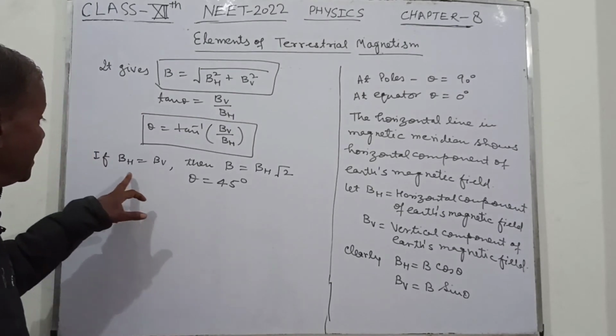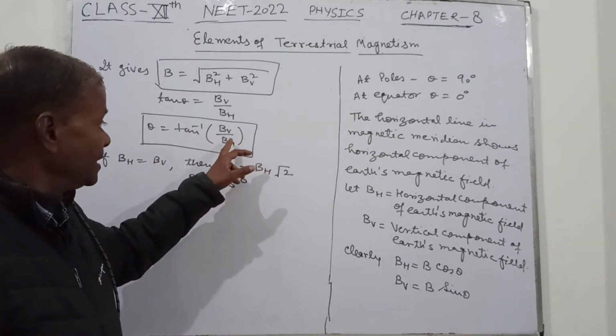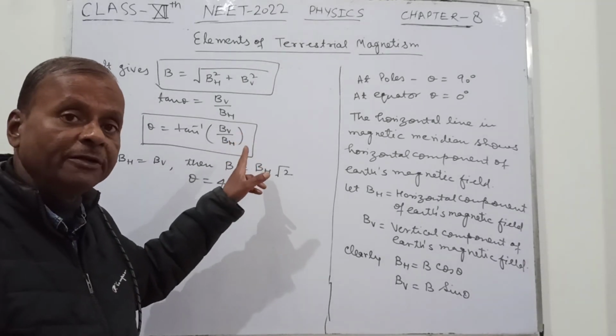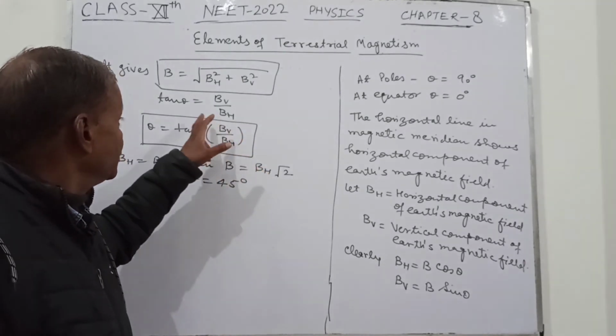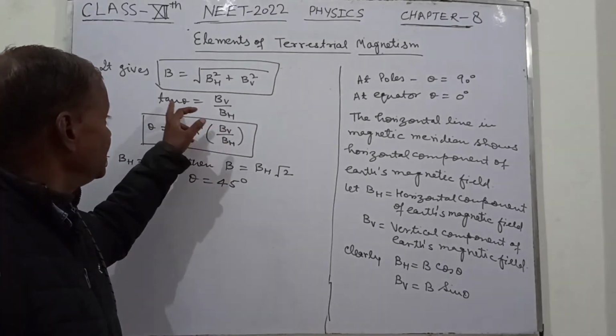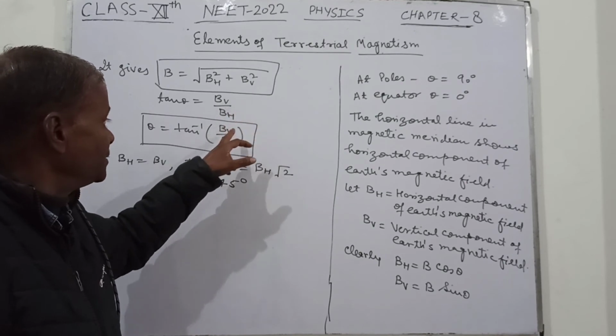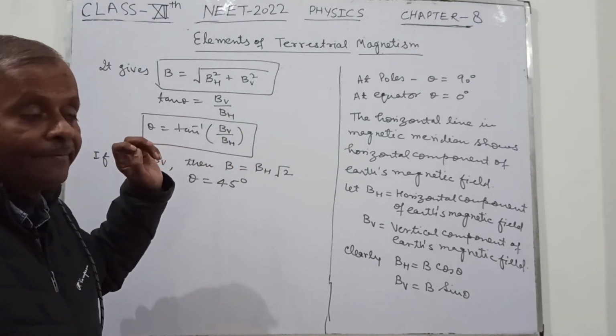So with the help of this theta, we can have a relation between BV and BH. Suppose this theta is given to be 30 degree, then tan 30 equal to 1 upon root 3. So BV upon BH equal to 1 upon root 3.